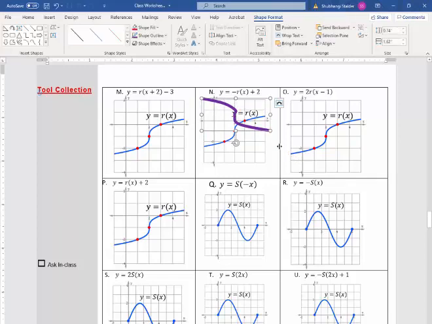Yes. What happens in this next one? X minus 1. If it's minus 1 on the outside, it will go down 1. This will go right 1.